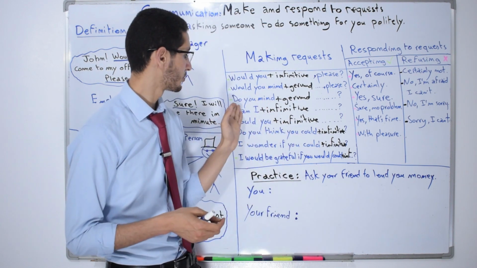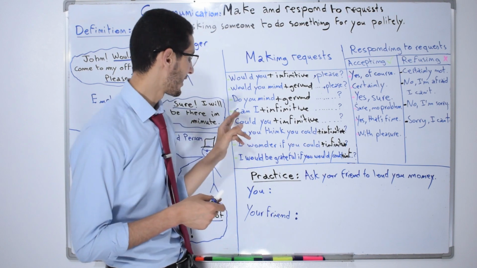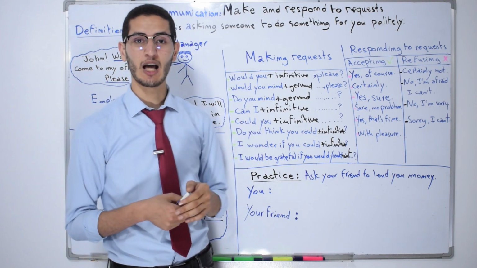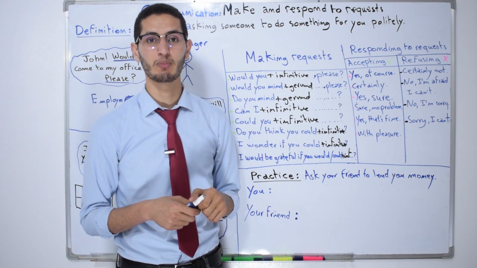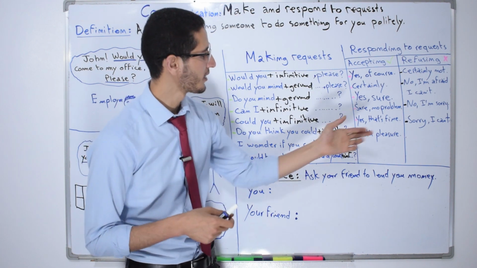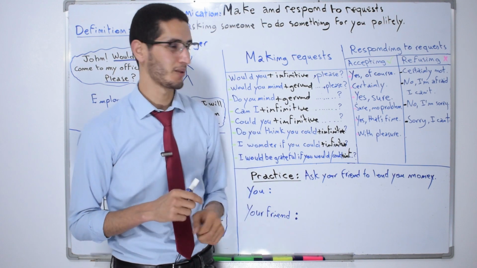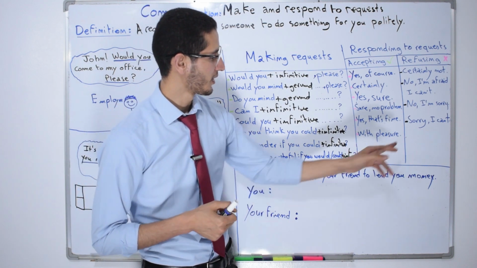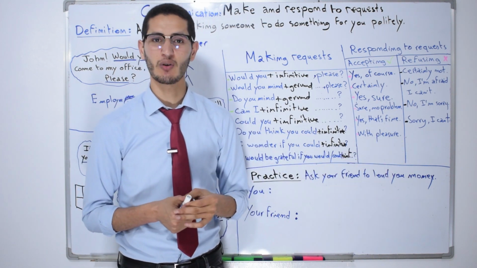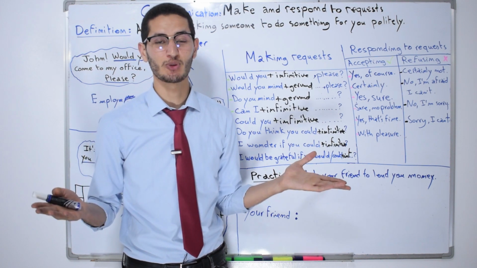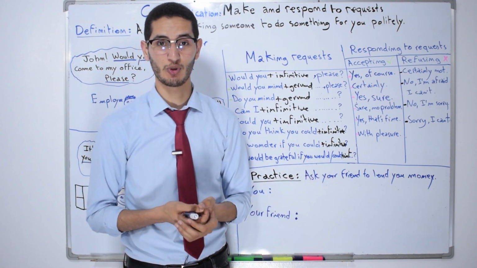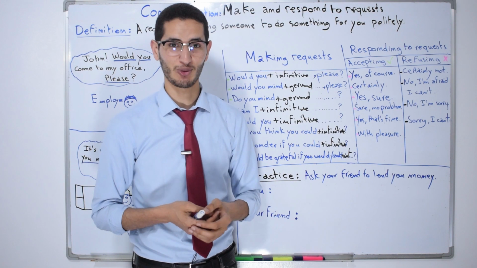Do you mind helping me? Could you help me with my math exercise? No, I'm sorry, I don't have time, or I'm running low on time. Sorry, I can't. You're just refusing to do what the other person is requesting, and that's your right, of course, right?